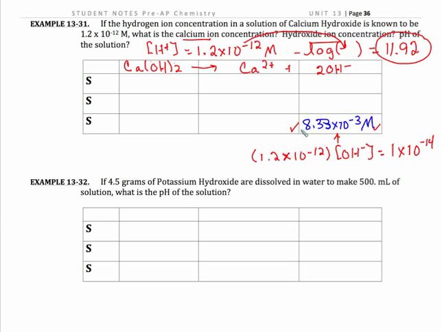molar. Now to get my calcium ion, I just multiply by the mole ratio, 1/2 times 8.33 times 10 to the minus 3. And if you do that algebra, I got 4.17 times 10 to the minus 3 molar.